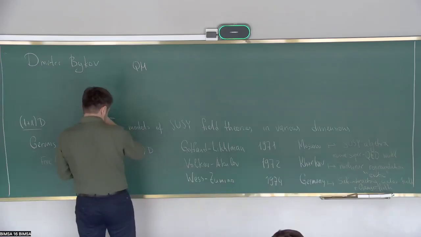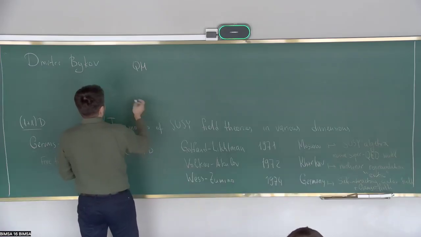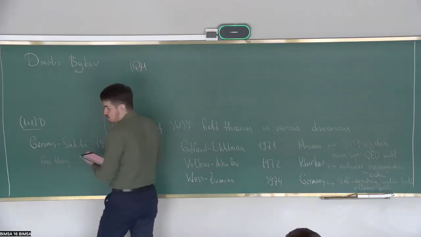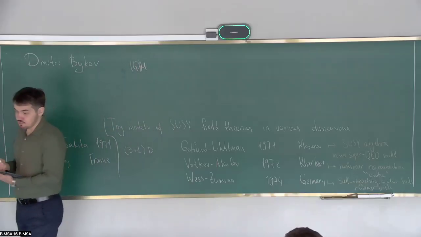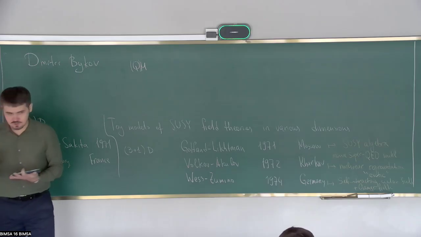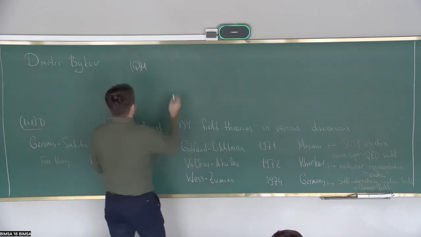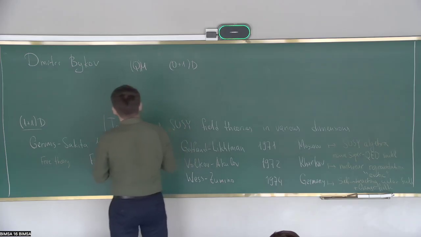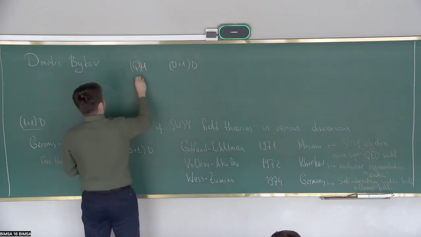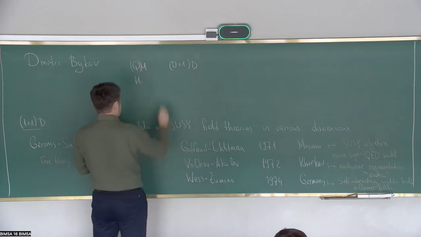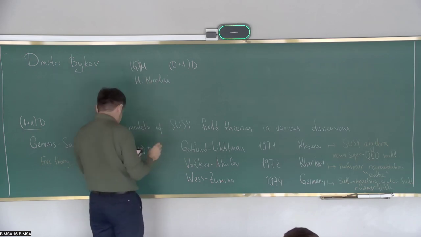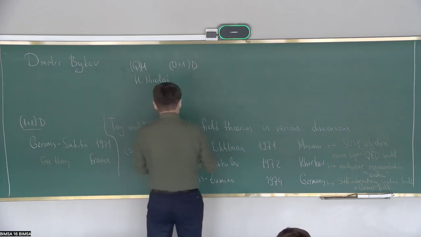Or in general, you could just say mechanics, quantum or not. Quantum mechanics from this perspective is the quantization of a one-dimensional field theory. So mechanics can be thought of as 0+1 dimensional field theory. This was studied by Hermann Nicolai, who was a student of Julius Wess, in 1976.